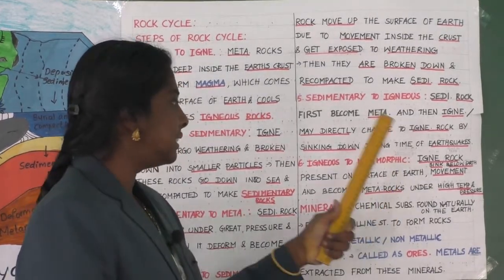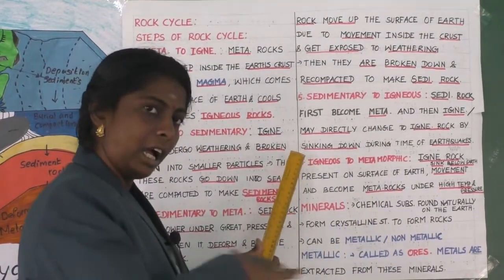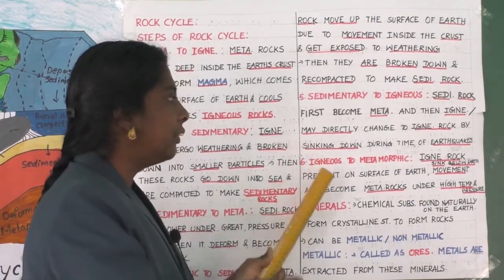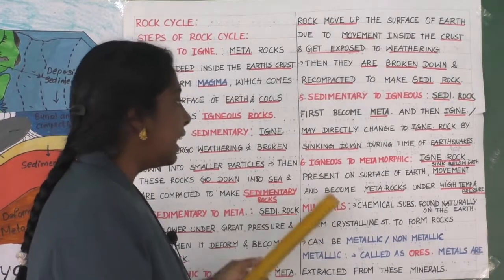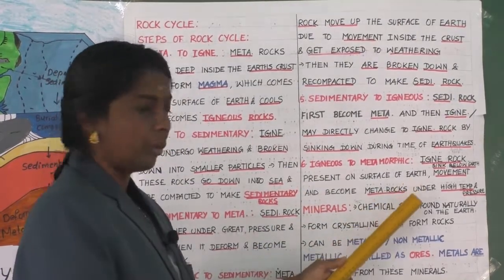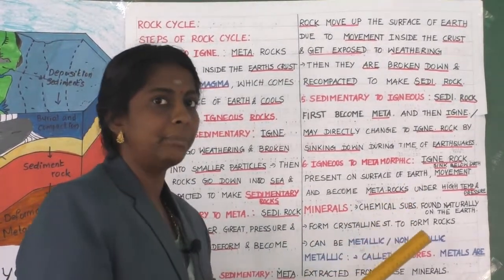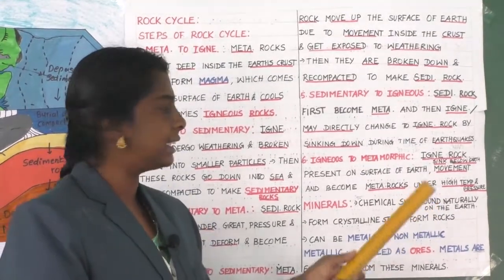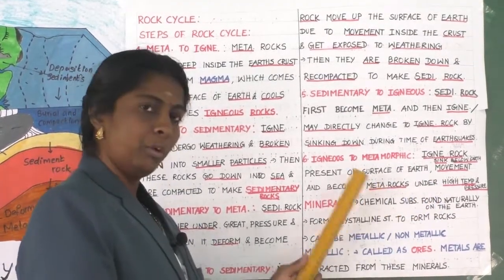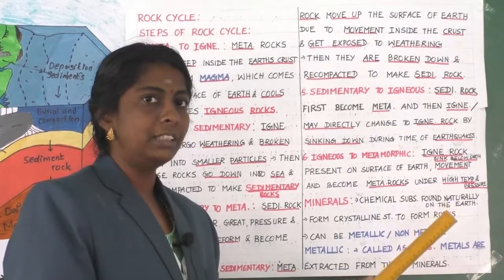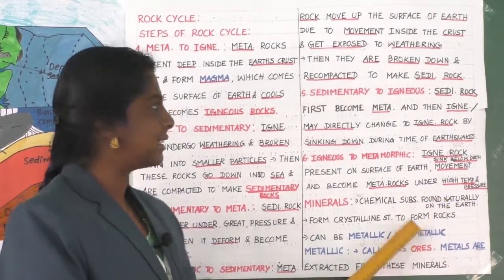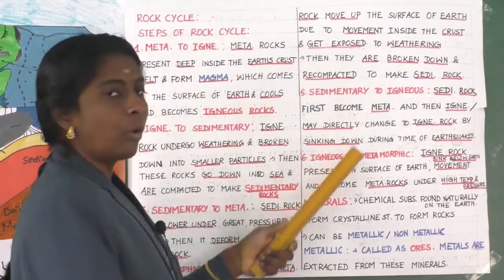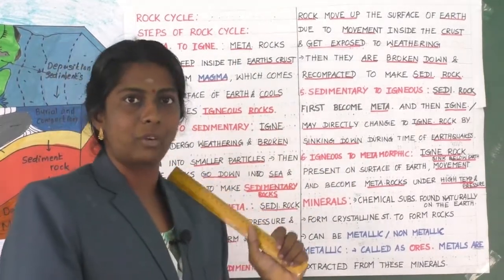What I said, this igneous rock which is there on the surface of earth, it will sink below, okay, down, and become metamorphic rock because of high temperature and pressure, which is deep inside the earth. Clear, children? Yes. So, this is what the rock cycle is, the steps of the rock cycle.